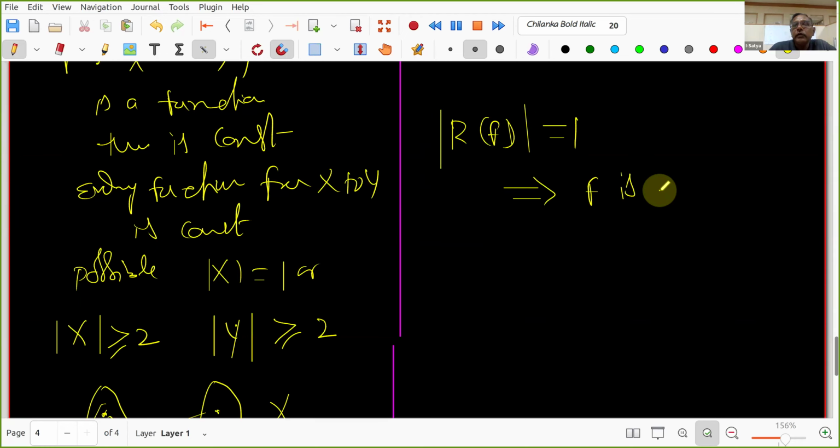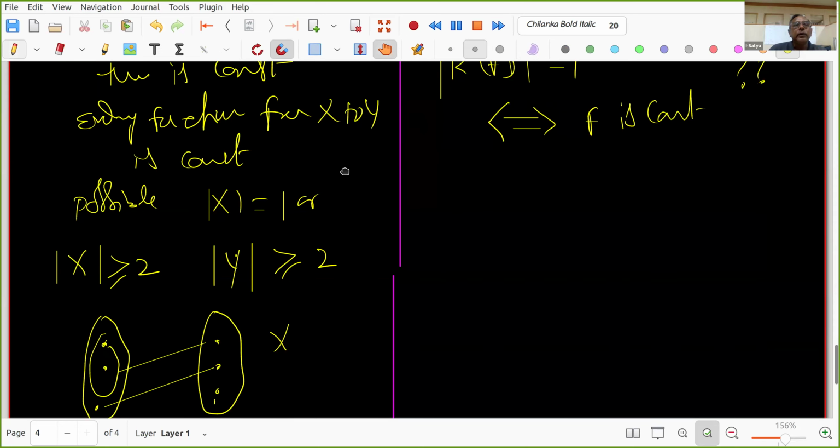The range consists of images, so all elements have a single image. This is true. Also, f is constant implies the range of f has cardinality 1. Good question. Instead of me answering, you better check whether this is correct or not.